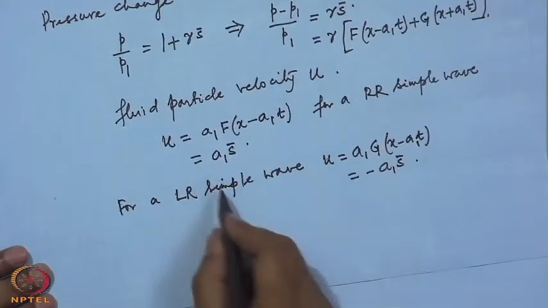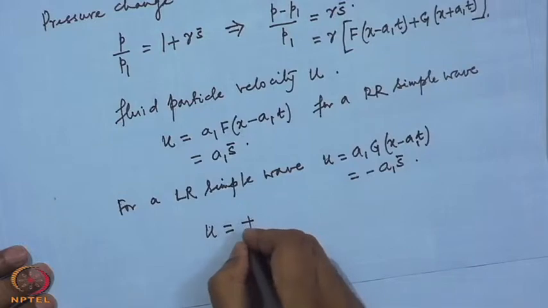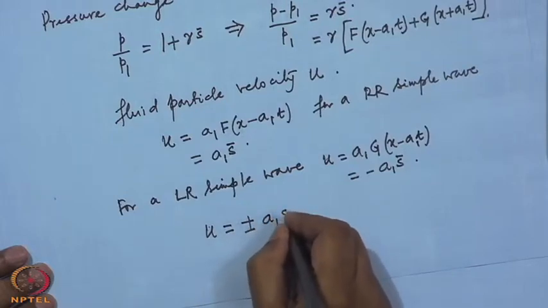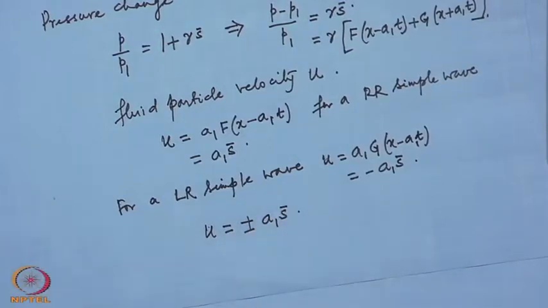In combining the two, we can write u equal to plus or minus a1 s bar. The effect that the wave produces on the fluid depends on the gradient of this density and pressure distribution and on the direction of motion of the wave.